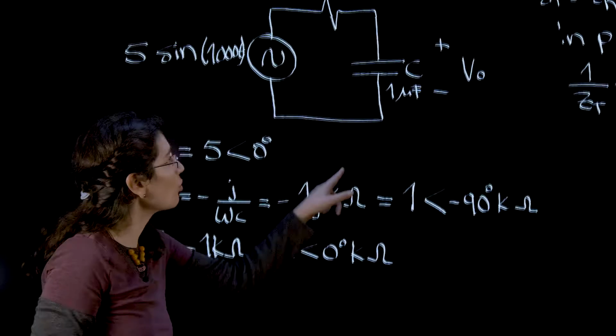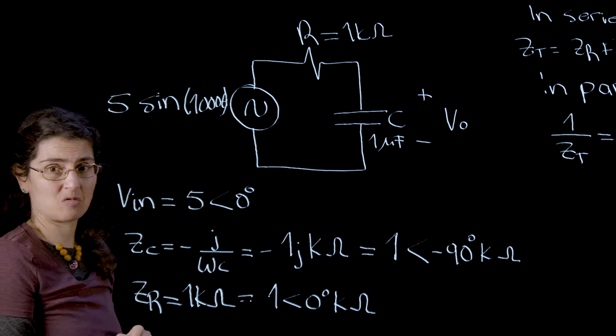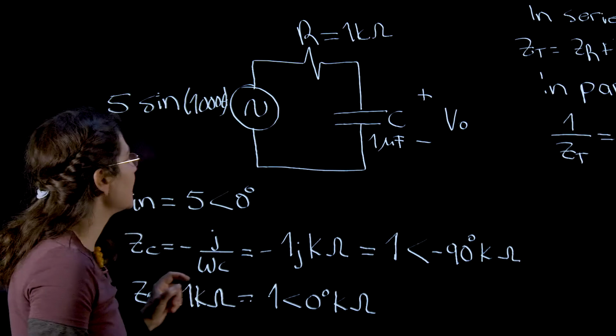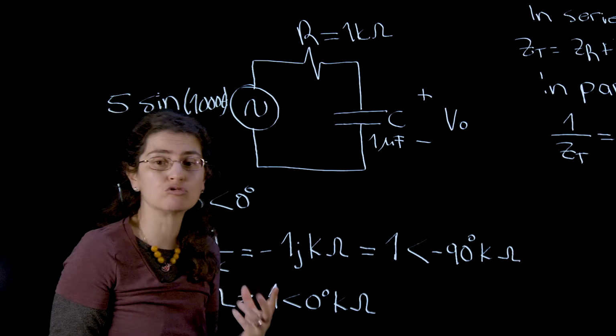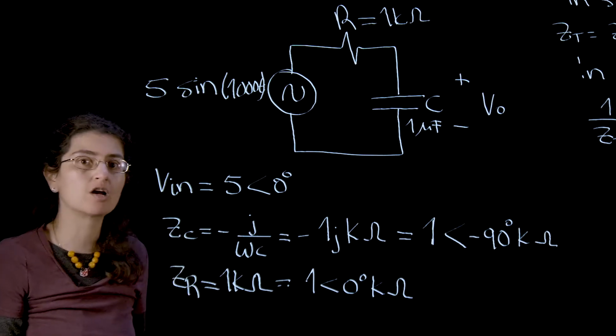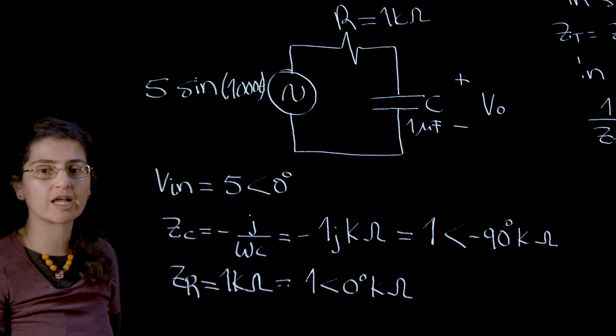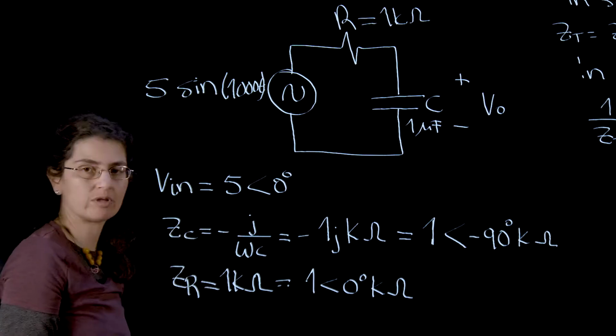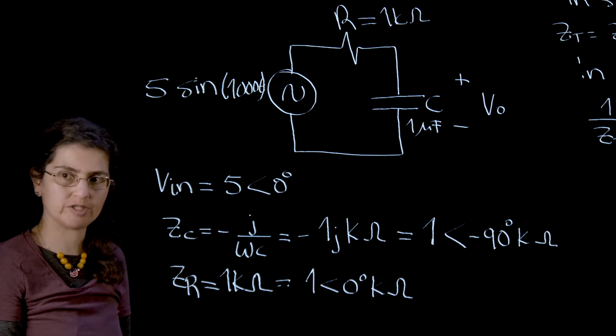And another very nice thing about working with impedances and phasors is that we can simply use the same rules and analysis methods we know already, like Ohm's law and Kirchhoff's law, to analyze our circuit, with the only difference that we're dealing with complex numbers now and not only real numbers.